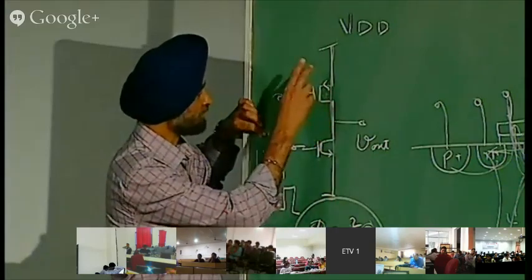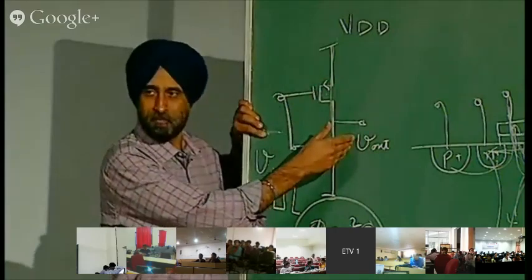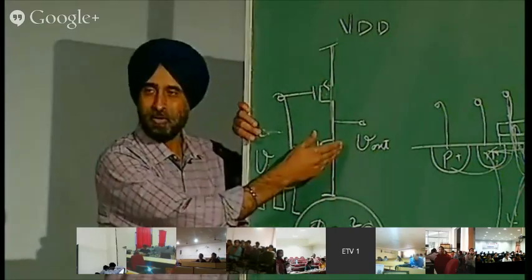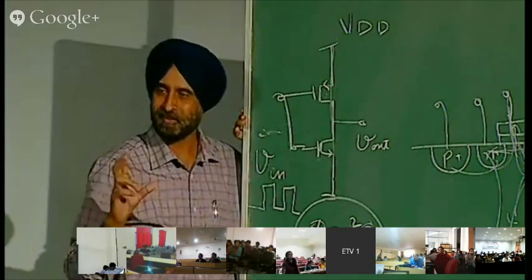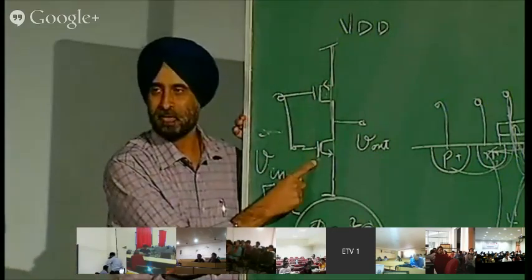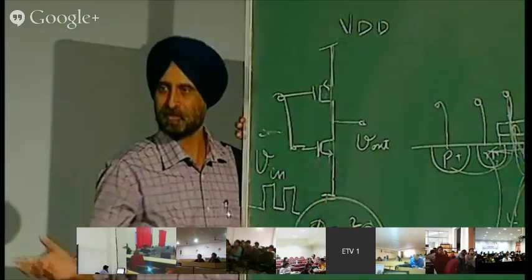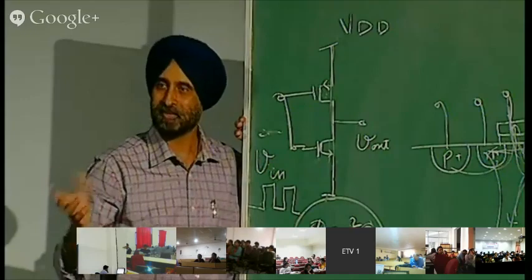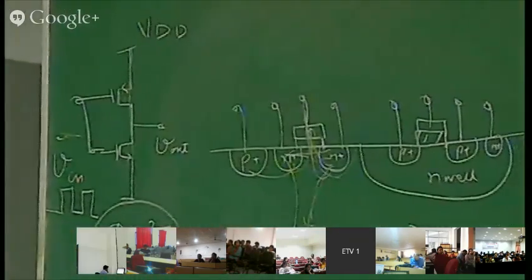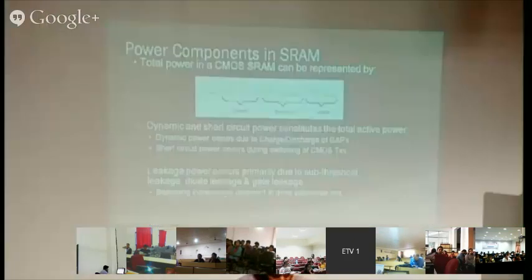It will go from on to off, and from off to on. In between there is a moment where both transistors will be on, and there will be a complete short. You have seen this CMOS inverter. That is known as short circuit power. It is for a small time, but it is there.